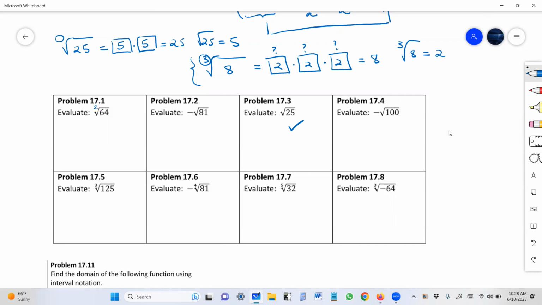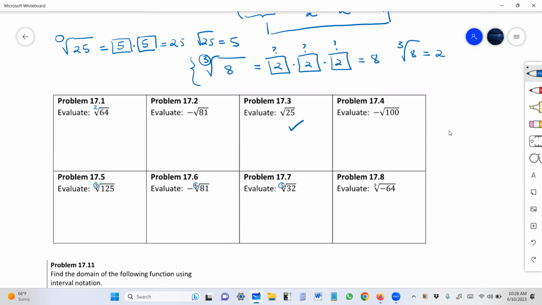There's an invisible 2. For the square root, we don't put the number 2; we consider it as a default. Any other number we write in, like, for example, here, cubic root, fourth root, fifth root. I'll do 3 of these, and you can do the rest for practice.